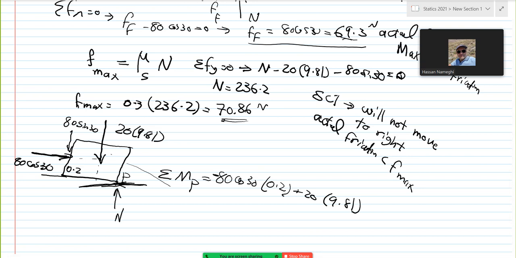I'm going to add that to the equation: 20 times 0.4, plus 80 sine 30 times the distance of 0.8 for the rotation about this point. I'm going to calculate this sum to see whether it is positive or negative, and then from there we can make our judgment.